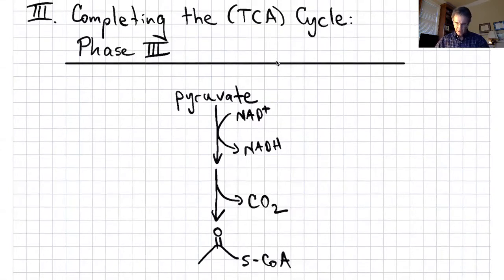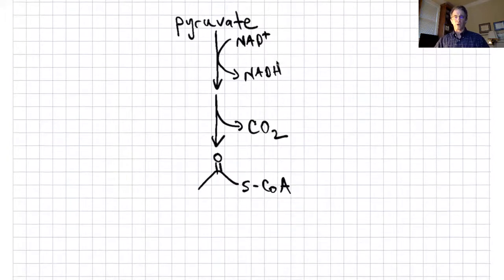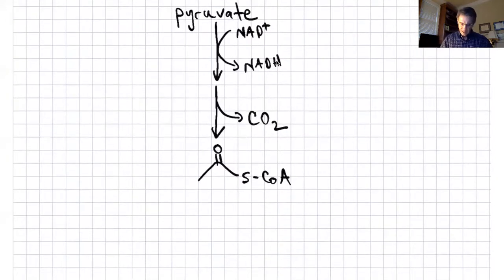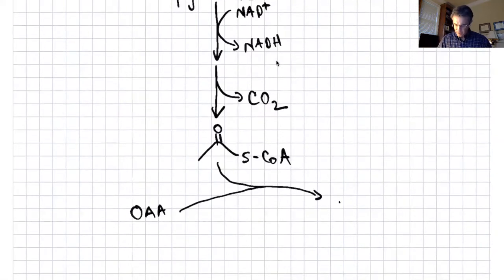Okay. So the next thing we did, if you recall, is condense acetyl-CoA with oxaloacetate, right? So put these guys together through the citrate synthase reaction to make this tricarboxylic acid citrate, for which the cycle gets its primary name, right?